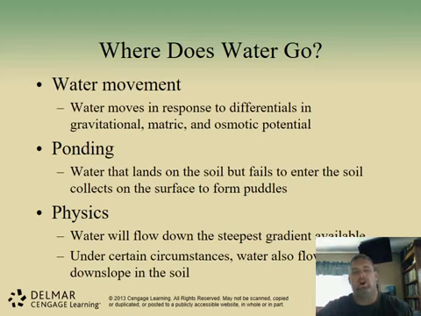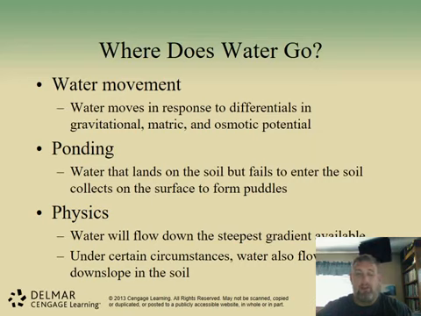So where does water go? Water eventually will like to make it to a water table or to a hard surface underneath the ground once it's in the soil. There are other things that can cause that to not happen. We have capillary action, we have plant uptake, we have evaporation. We also can have ponding that can occur due to a soil's lack of ability to accept the water.